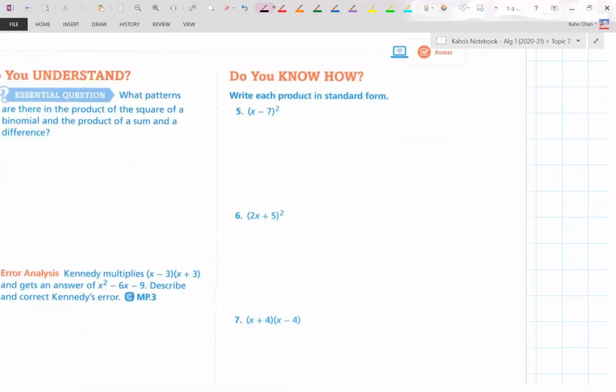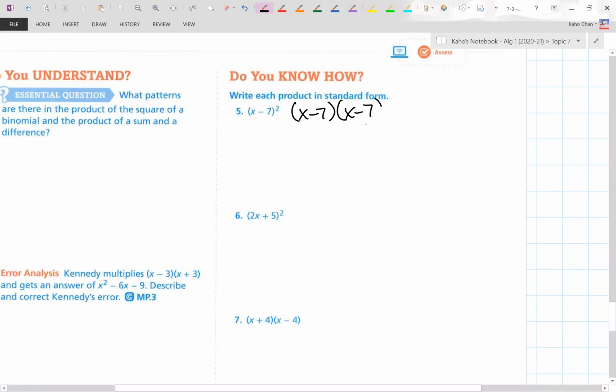All right. X minus 7 squared. Be careful. Don't apply the square inside the binomial. You have to expand and FOIL. Now, you can use a pattern if you want to. I don't care. It's up to you guys.